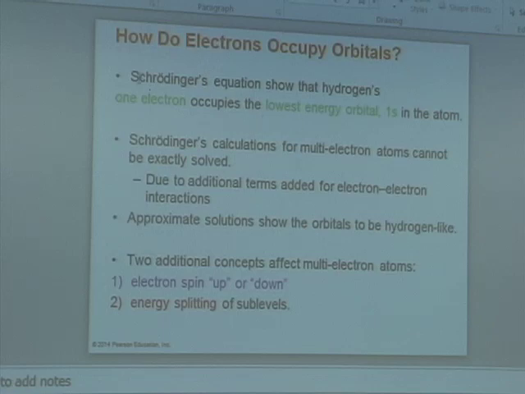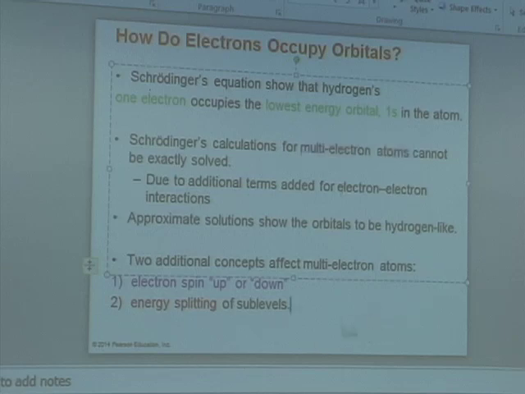We learned about Schrodinger's equation, that one electron will always first occupy the lowest energy orbital, which would be the 1s. And for multi-electron atoms, we cannot actually solve Schrodinger's equation because of all the interactions going on, attractive and repulsive forces, and all the shielding and penetration that we'll be learning today.